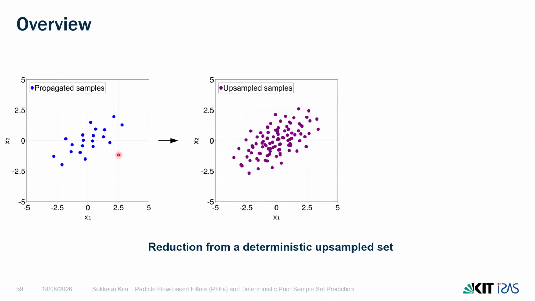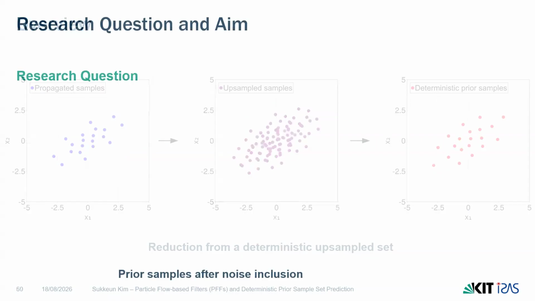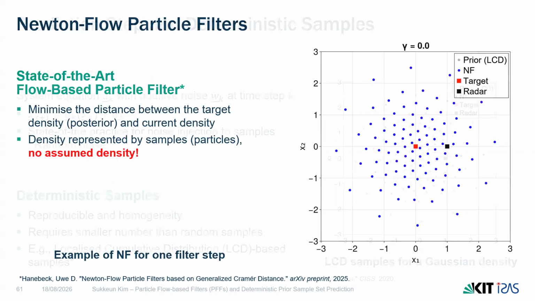Then we want to reduce it back to 10 samples using the reduction step. In the reduction step, we simply calculate another new sample set and then minimize the distance between these two while keeping the mathematical properties of this sample set. So anyway, that's the main idea of this approach.